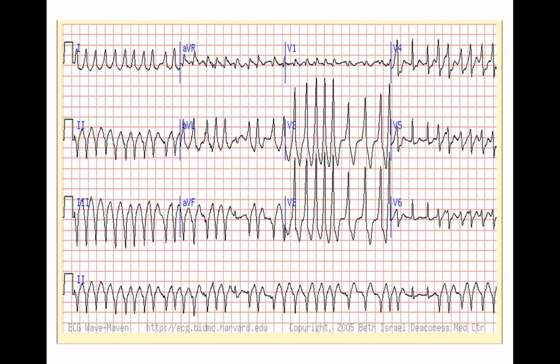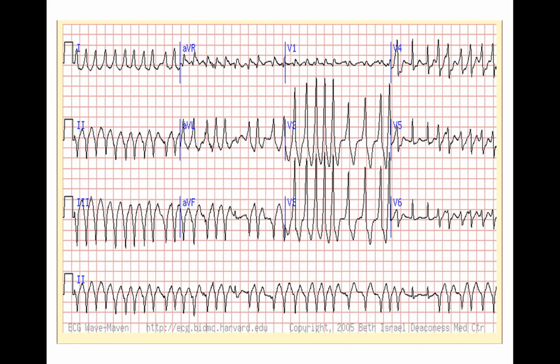The AVR is positive, and there is concordance, I think it's concordance except V6. So the axis is negative, from inferior going toward V1 and AVR. So we have left axis deviation with negative inferior leads and positive AVR and V1. So this is most likely going with VT.